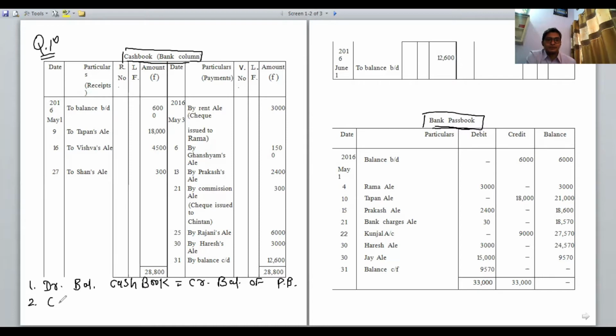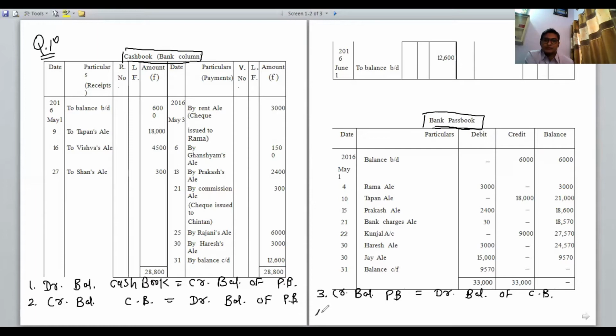Second, the credit balance of cash book is equal to the debit balance of passbook. Third, the credit balance of passbook is equal to the debit balance of cash book.